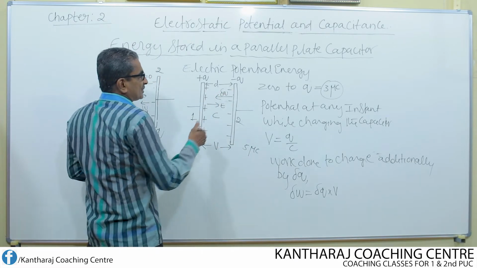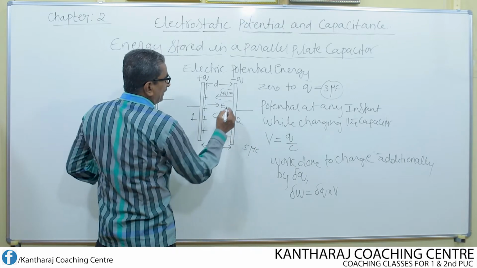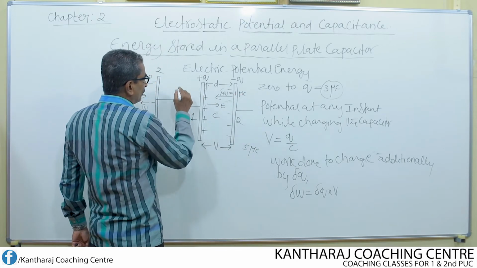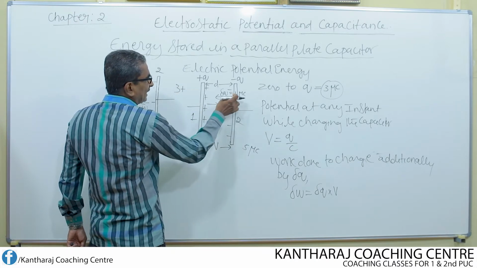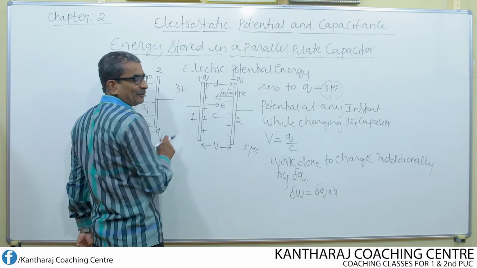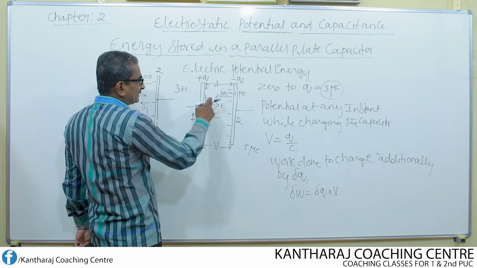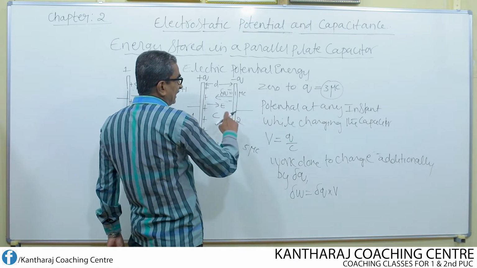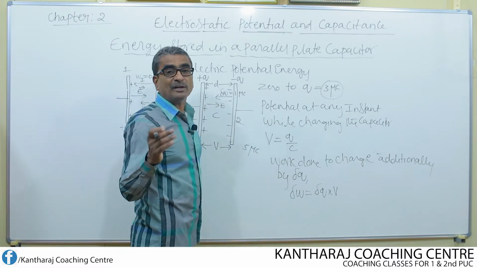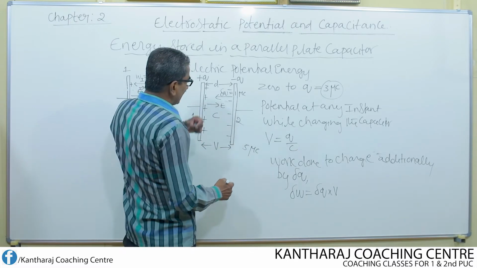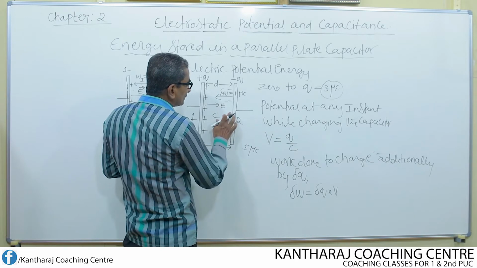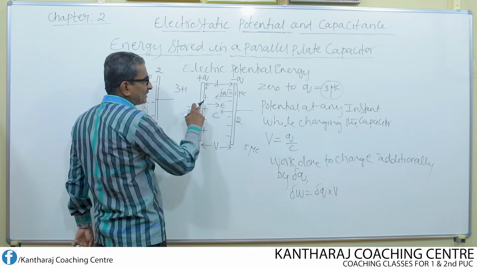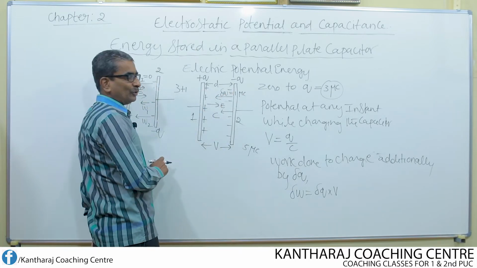I give the charge delta Q, say for example, if it is of 1 microcoulomb. Already this is of 3 microcoulomb. In addition to that, I have given 1 more microcoulomb of charge. If this gains an extra 1 microcoulomb of positive charge, this plate also gains an extra 1 microcoulomb of negative charge. Again, I charge this plate additionally by 1 microcoulomb.